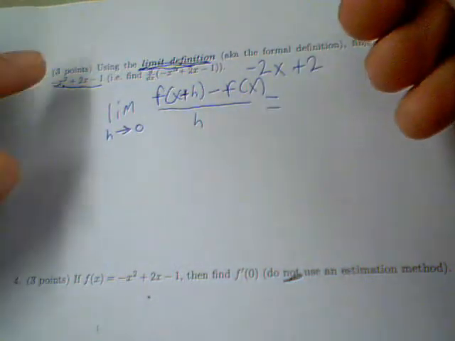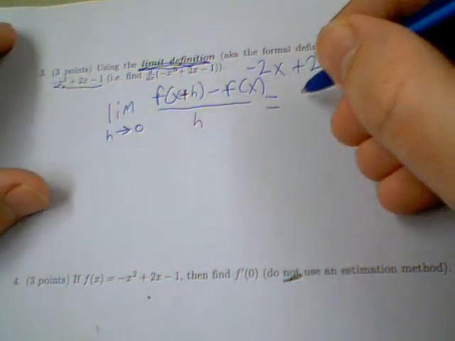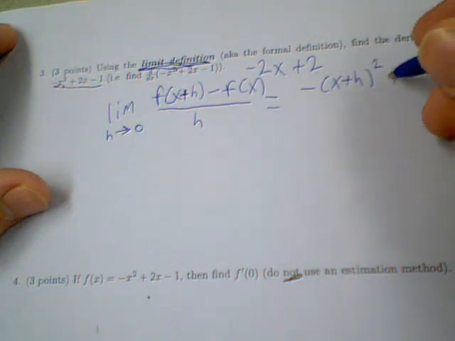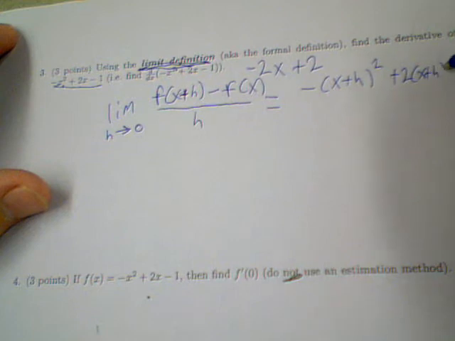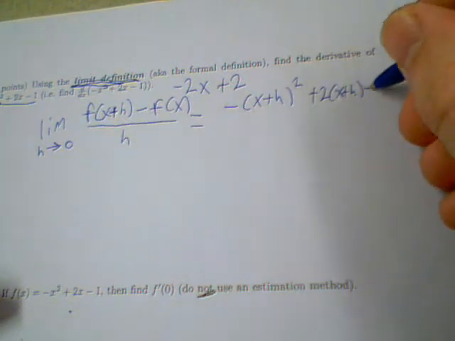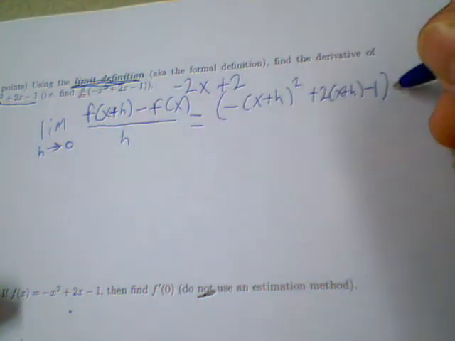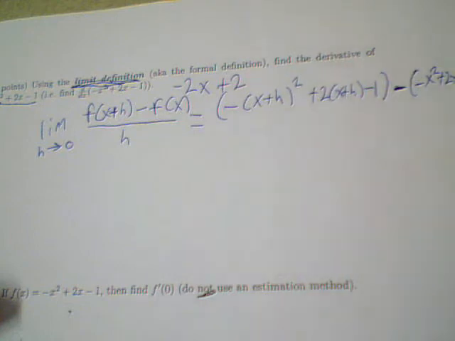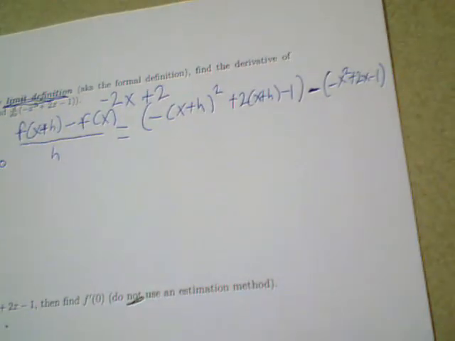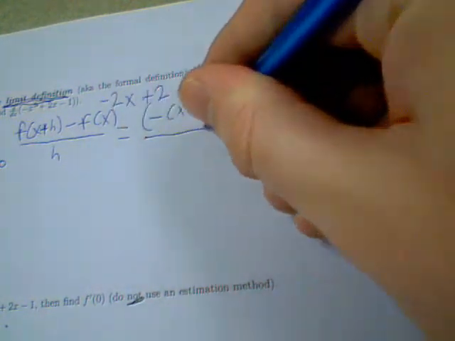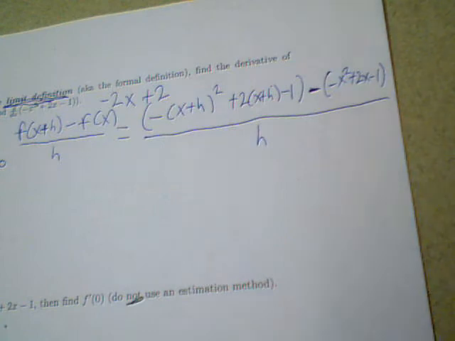Well, in this case, if this is f, well, then I'm going to have negative x plus h squared plus 2x plus h minus 1 minus negative x squared plus 2x minus 1. Okay. So there's just regular f of x. There's f of x plus h. Divide this whole thing by h.